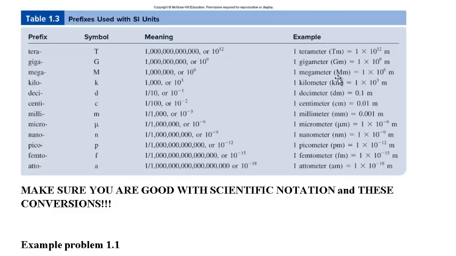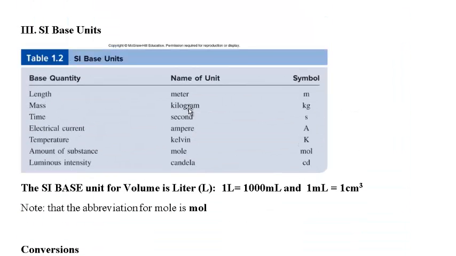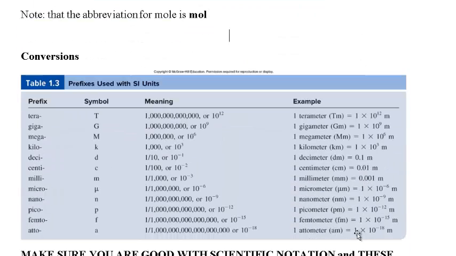And here they use the SI base unit meter, but you can use kilogram, you can use seconds. Let's use seconds here. I'll pick pico. So 1 picosecond is 1 times 10 to the minus 12 seconds. 1 second is 1 times 10 to the 12 picoseconds.